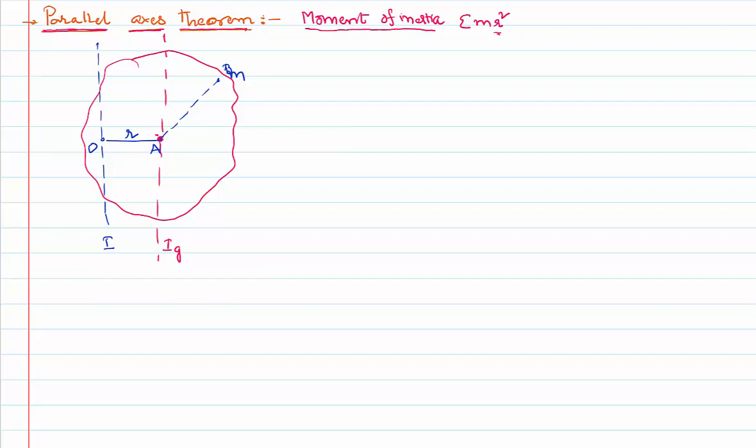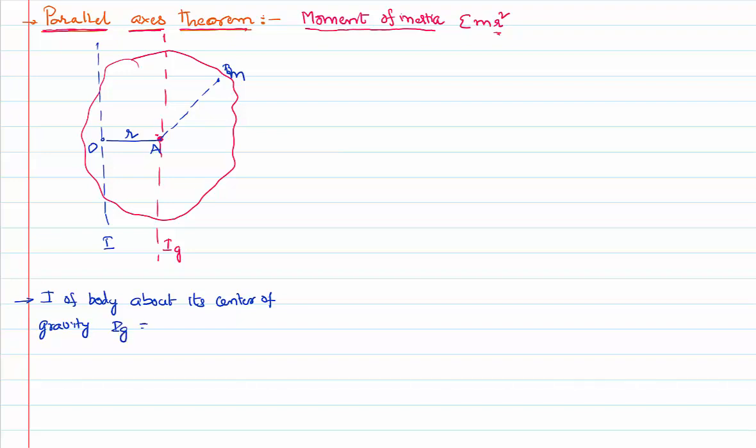Now I can write the moment of inertia of the body about its center of gravity or center of mass, assuming the body is a uniform body, center of gravity and center of mass coincide with each other.